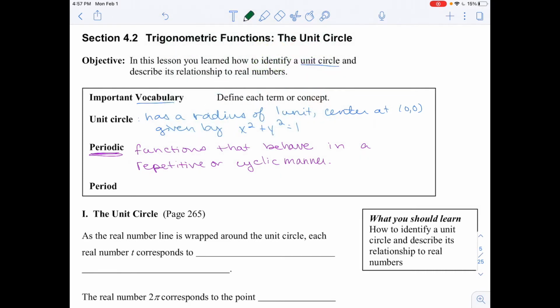And lastly, a period is the distance, or some units distance of c, that it takes for a function to repeat the cycle.